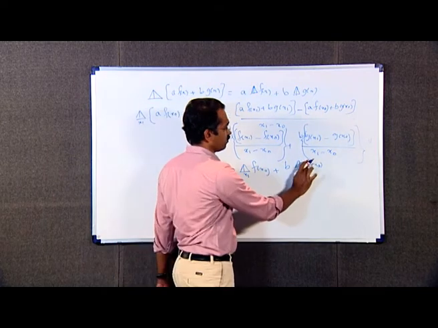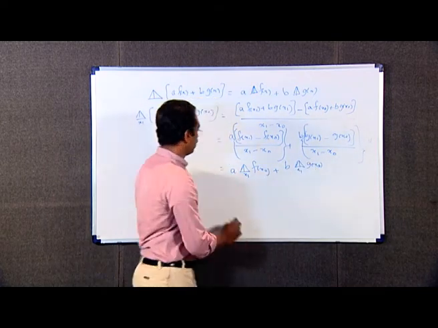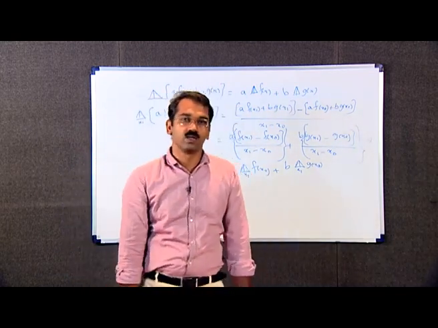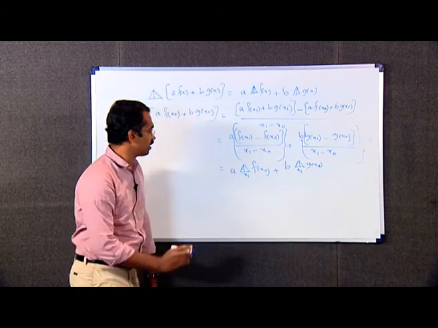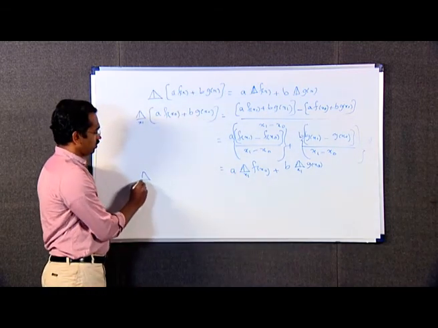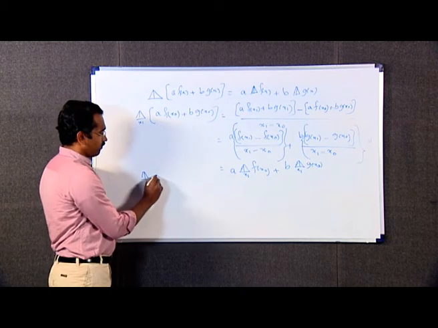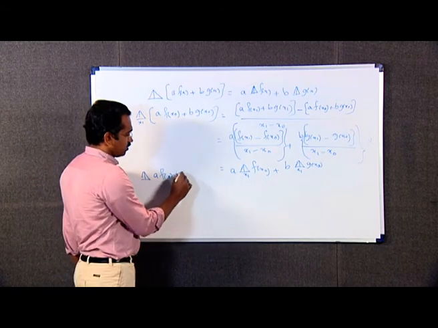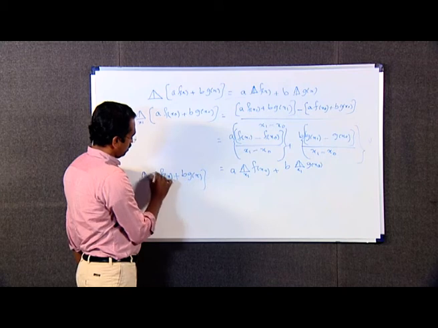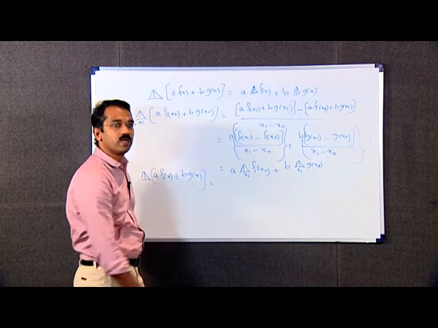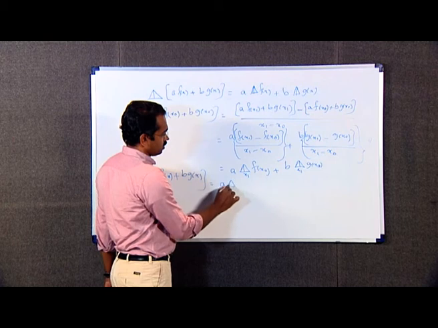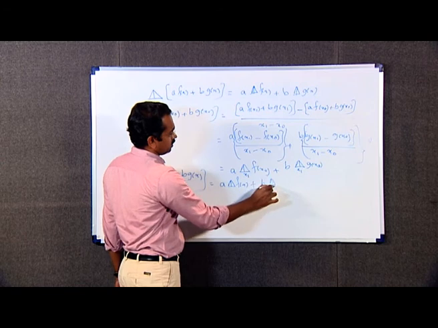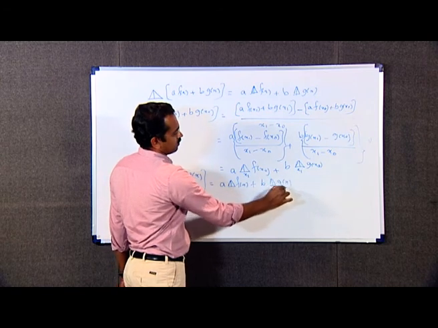Here the function is g of x, that is, the divided difference operator divided delta is linear. In general, we can prove divided delta a into f of x plus b into g of x is equal to a into divided delta f of x plus b into divided delta g of x.